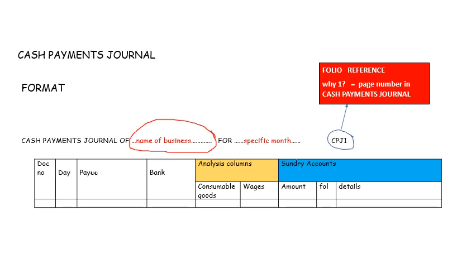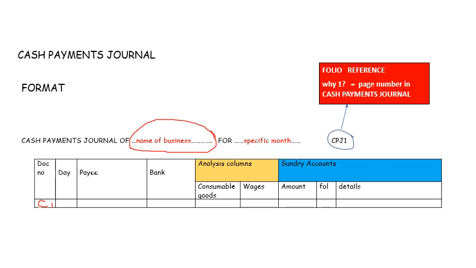All journals get their information from a document, so your first column will be document number. The information we're going to get is from a check, so our document will be C and a number: C1, C2, C3, check number 1, check number 2, check number 3. Day is the day in that month that the transaction took place.